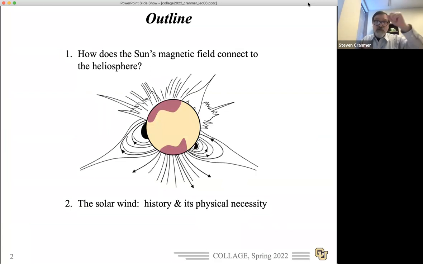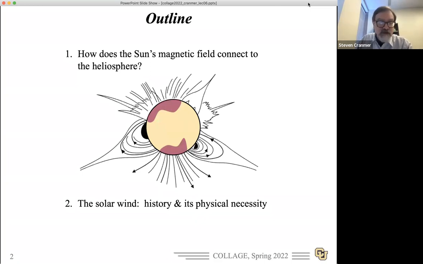And actually, we call them open magnetic field lines because they actually remain open all the way out to the edge of the solar system, hundreds of astronomical units. All magnetic field lines do have to close at some point, but they can be delayed from doing so for a long time.